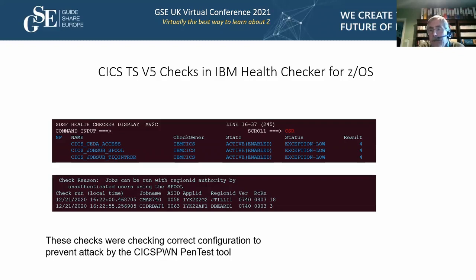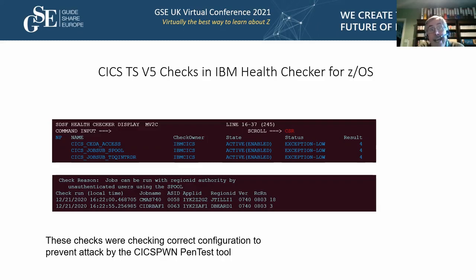What that was all about was finding a CICS region where the default user had got access to certain resources, which is something I hope most people would never do. But he did find some systems. So we put in health checks to warn about that. If a default user had access to CEDA, which is fairly obviously not a very safe thing to do, then we would give a warning.